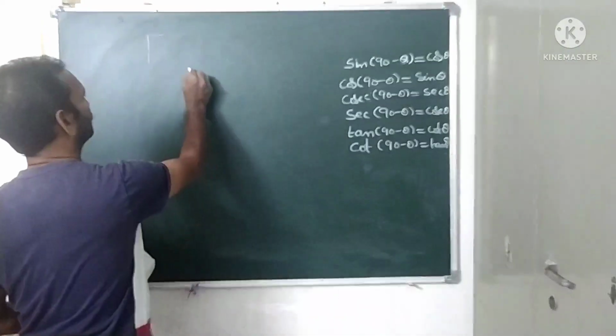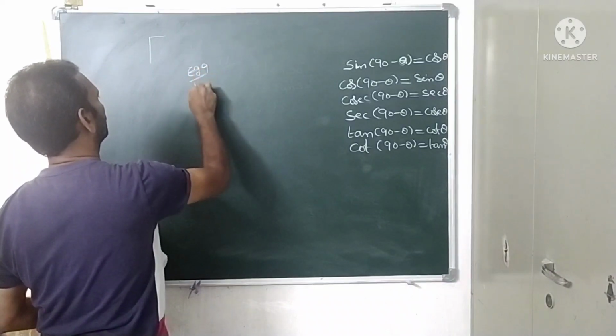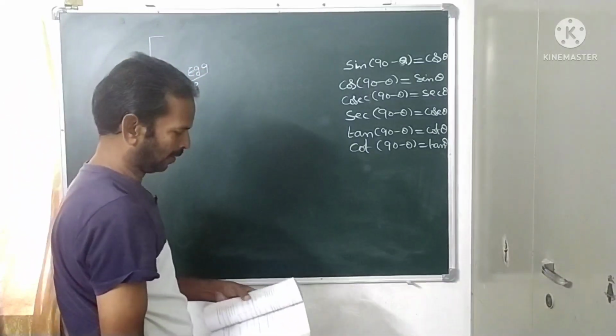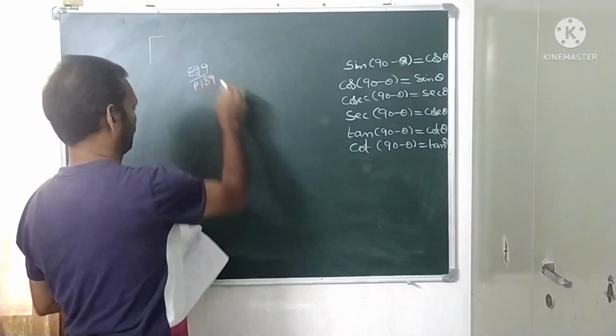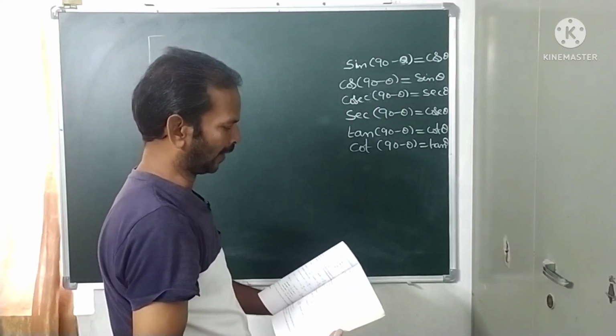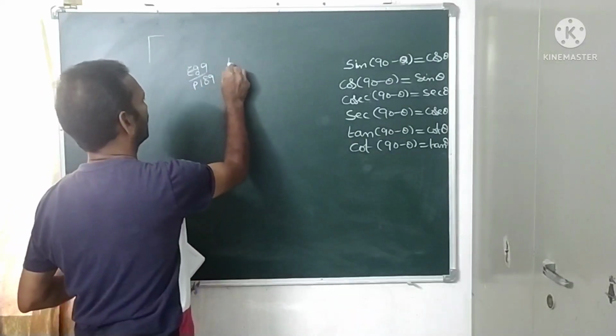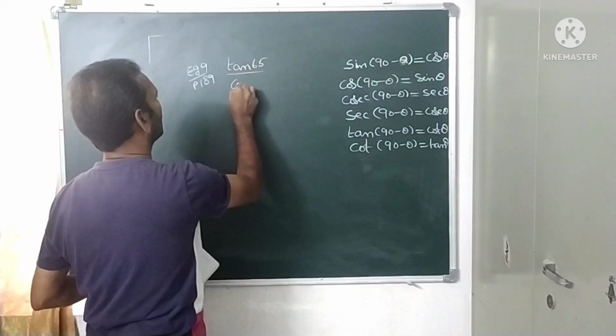Now, example 9, page number 189. Same. Evaluate tan 65 by cot 25.